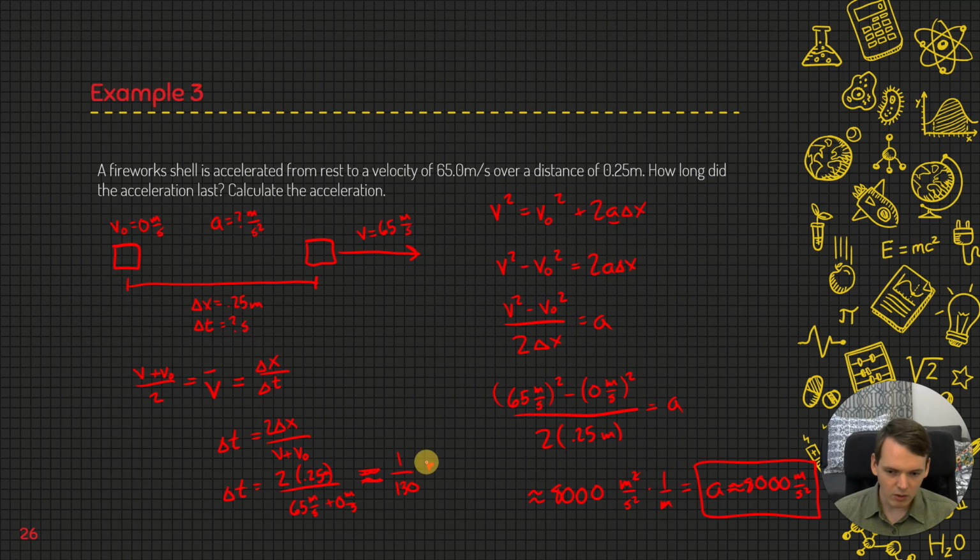And then our units are meters times seconds over meters, because if we want to bring these denominator units up top, we need to invert them. The meters will cancel. So we get delta t equals 1/130th of a second. Let's check that. Seconds, great unit. 1/130th, that's a small amount, but also fireworks are launched real fast, so I feel like that's reasonable. And it is a positive time.